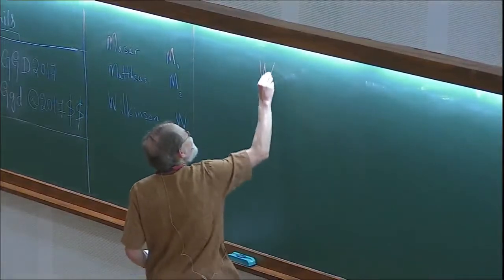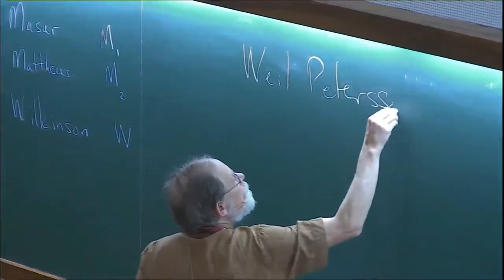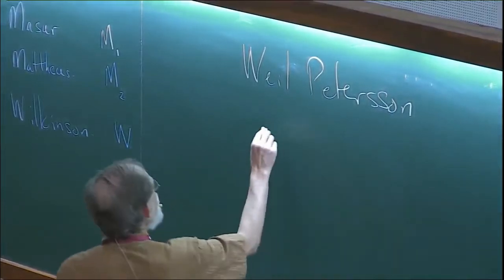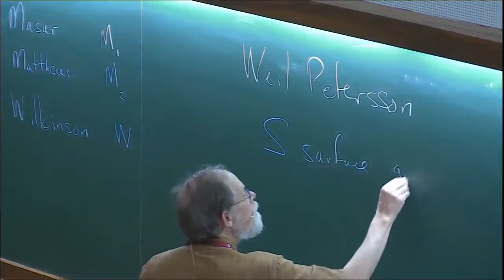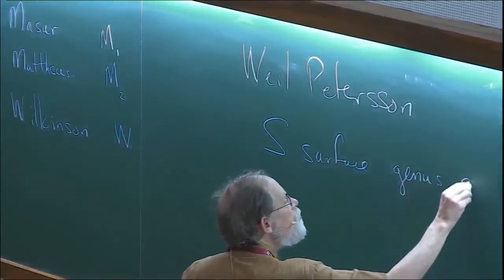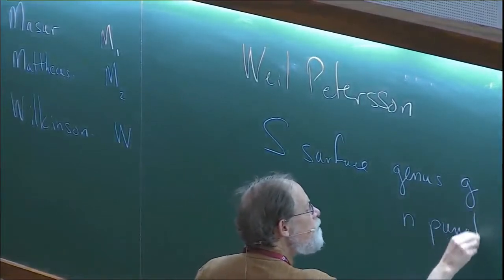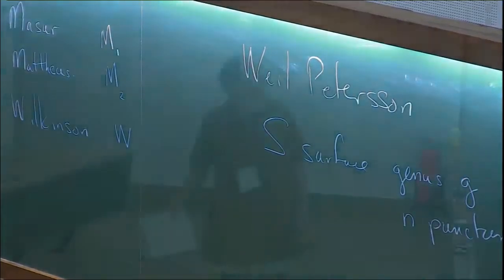So let me start by saying something about the Weil-Petersson metric on Teichmüller space. It's been mentioned several times before. So S will be a surface. We'll have genus g, and I'm used to using n for the number of punctures, so I'll stick to that.